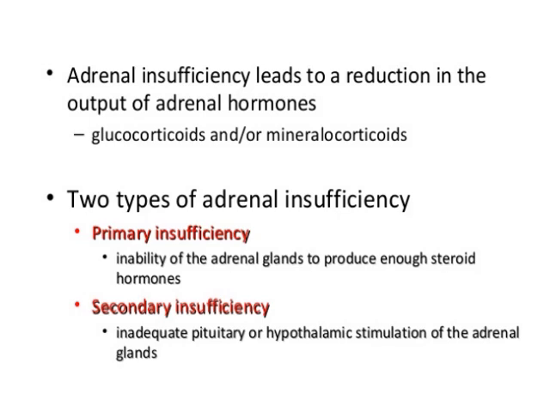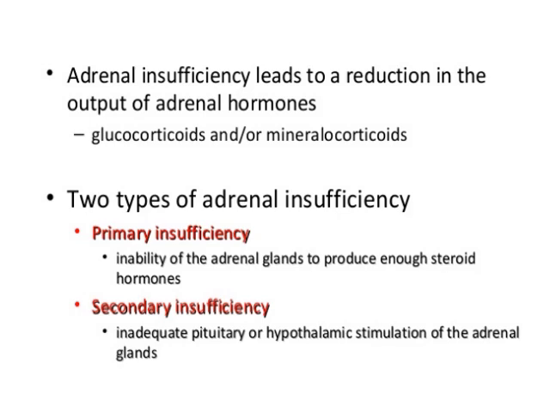Some diseases lead to decreased production of these hormones, leading to adrenal insufficiency. This adrenal insufficiency leads to a reduction in the output of adrenal hormones, mainly glucocorticoids and mineralocorticoids, and sometimes adrenal androgens. There are two types of adrenal insufficiency, primary and secondary.